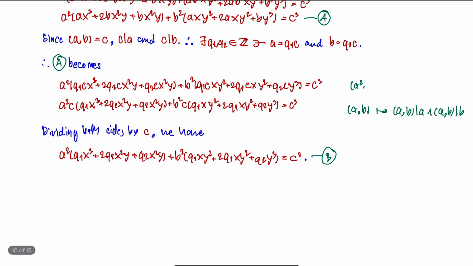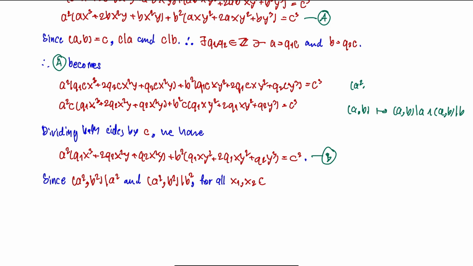Now, by this fact, since the greatest common divisor of a squared and b squared divides a squared, and divides b squared, for all integers x1, x2, the greatest common divisor of a squared and b squared divides a squared x1 plus b squared x2.